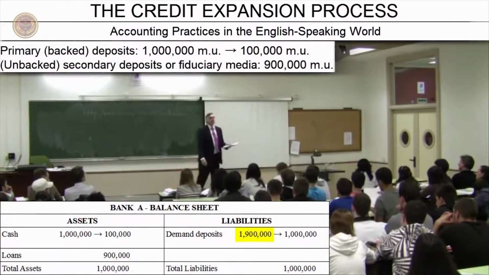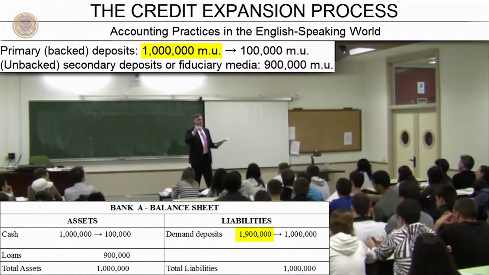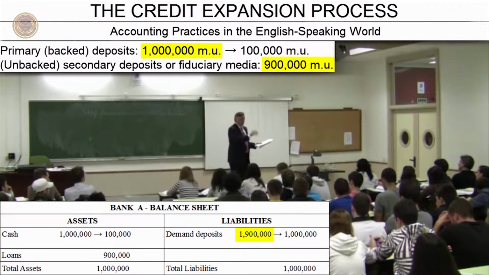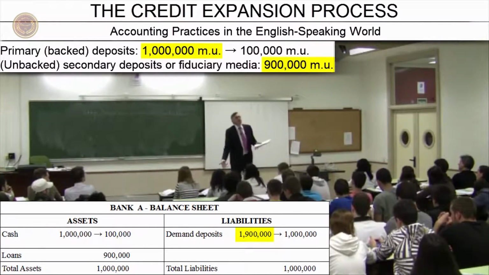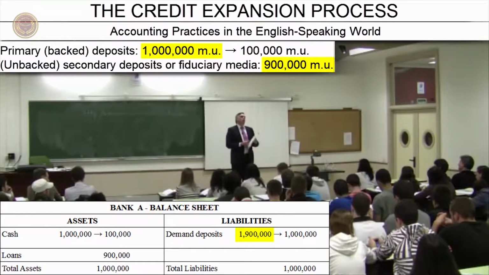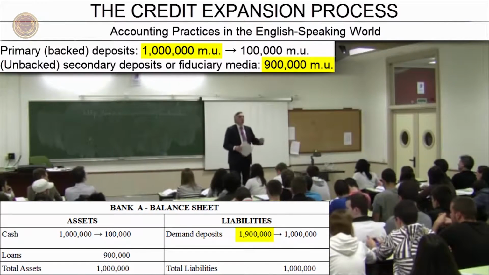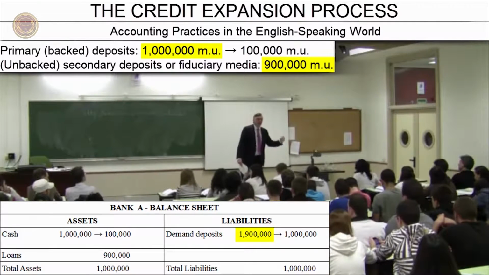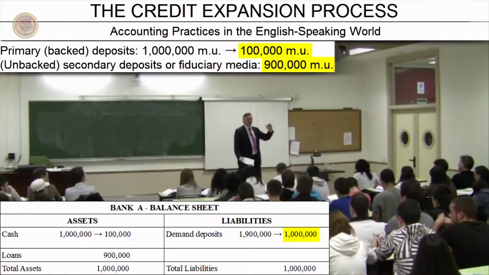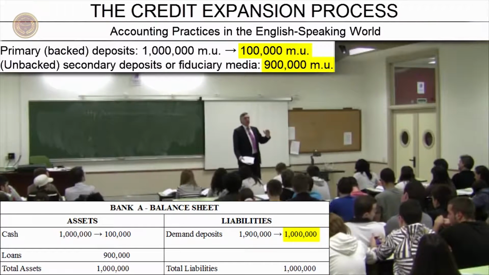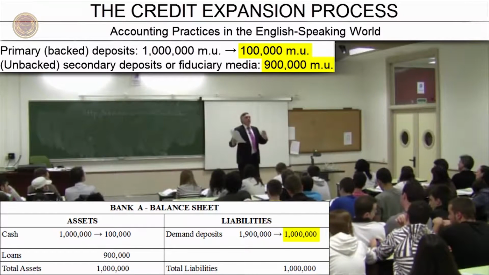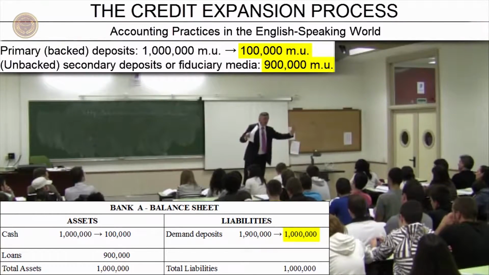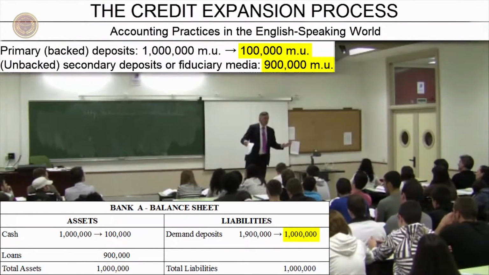And therefore, total deposits come to consist of 1 million in primary deposits, which are backed, and 900,000 in secondary deposits or fiduciary media. Thus, as the receiver of the loan writes checks, money gradually comes out of the bank's vault, until only 100,000 units remain, and deposits equal 1 million, only 100,000 units of which are backed, while the other 900,000 units have no backing.